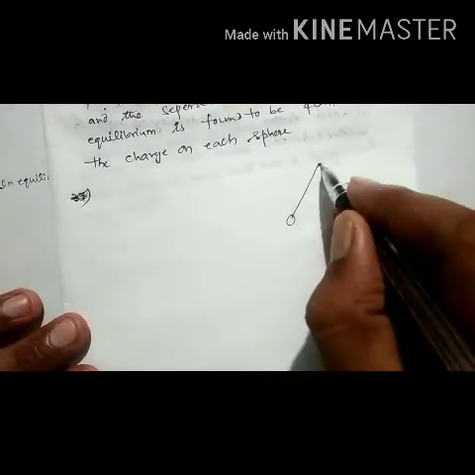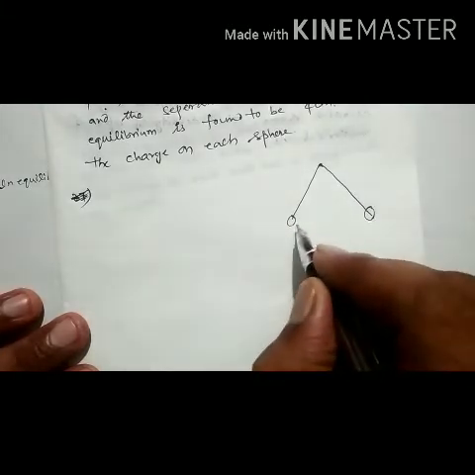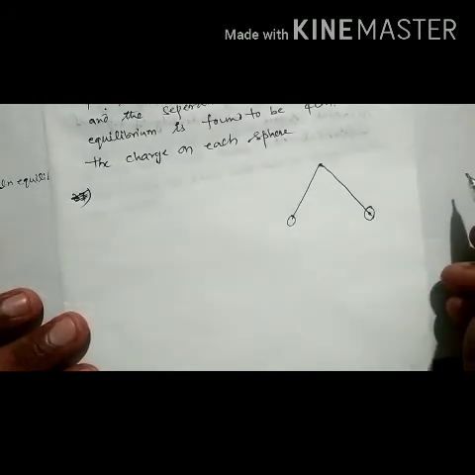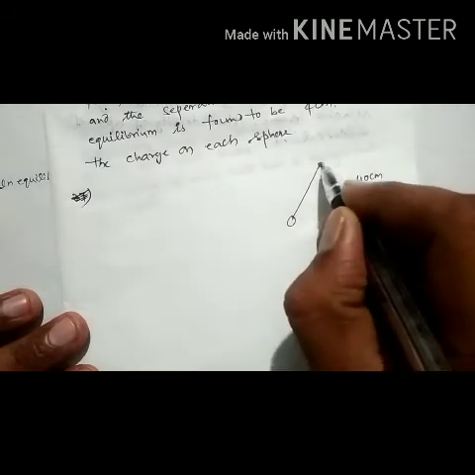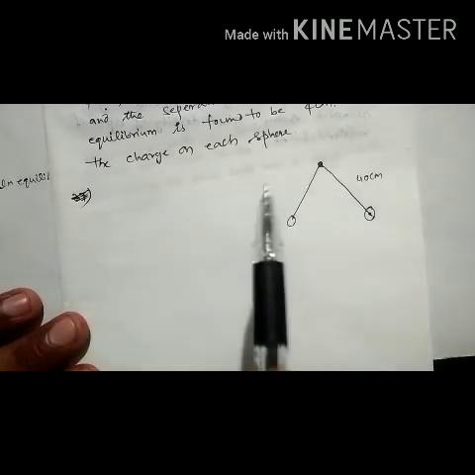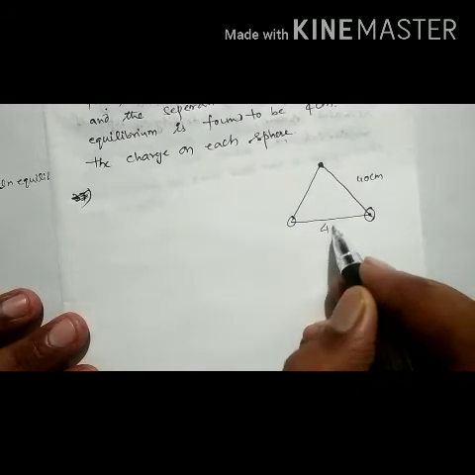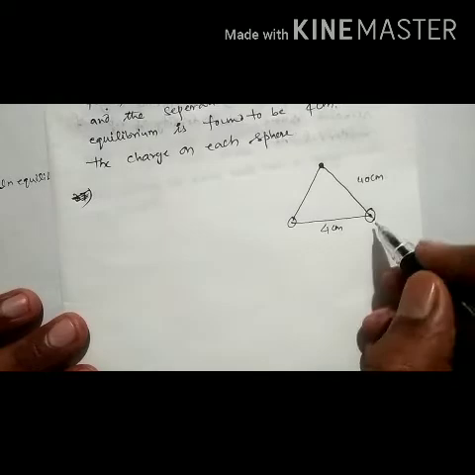They are joined from a common point, each mass is 20 grams, and the length of each string is 40 centimeters. The spheres are identically charged, and the separation between the balls in equilibrium is 4 centimeters. Find the charge on each sphere.